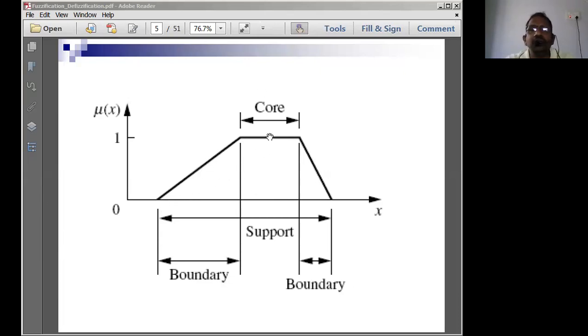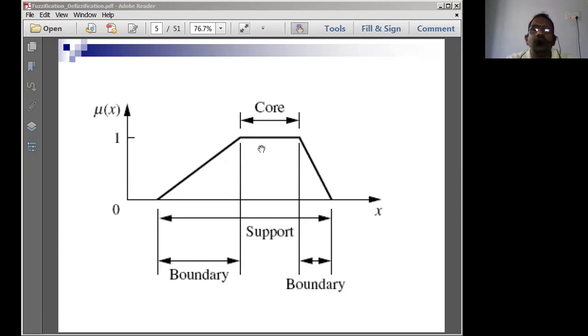Usually we try to be closer to the core value, and even if a value is in the range of support, we'll consider it a member of the fuzzy set. Boundary is one more feature under consideration, and boundary is always going to lie between 0 and 1.